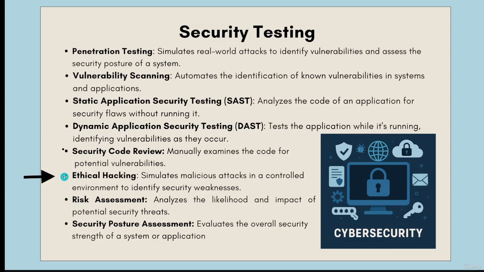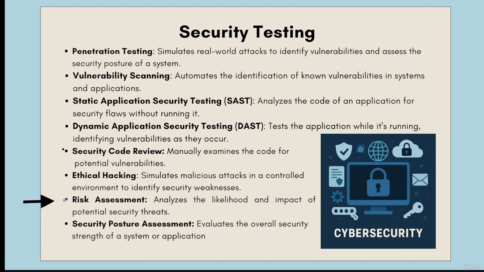Then we have ethical hacking, which simulates malicious attacks in a controlled environment to identify security weaknesses. An example would be during a red team exercise, an ethical hacker uses Kali Linux tools to exploit a misconfigured file sharing service and gains access to internal documents, later reporting the issue for remediation.